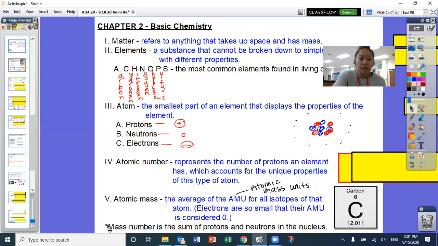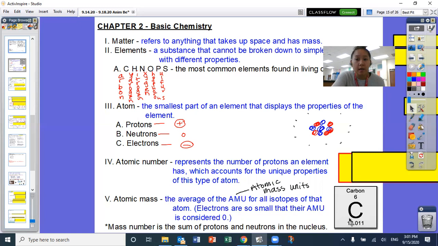Okay, so again, mass number is the sum of protons and neutrons in the nucleus, because electrons are so small that they basically have no mass. So here, carbon has an atomic number of 6 because it has 6 protons. Now, it weighs around 12 AMU, or atomic mass units, because 6 protons plus 6 neutrons is about 12. The discrepancies here are because this is the weight of carbon of all types, of all isotopes.